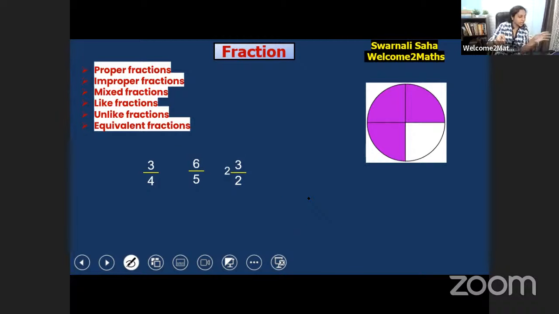So we already know about 3 types of fraction: proper, improper, and mixed fractions. Okay, so now let's see what are like fractions. Do you know about like fractions?